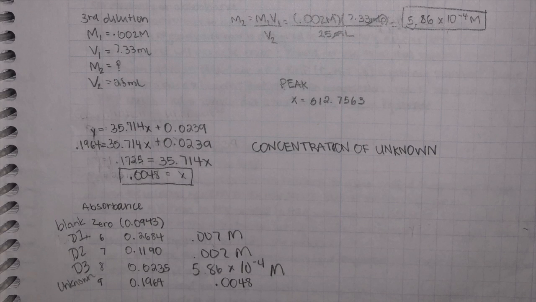A calibration curve of our values was graphed on Excel, and determined the equation that will help us determine our unknown concentration is y equals 35.714x plus 0.0239. We plugged in the absorbance value for the unknown, 0.1964 for y, and solved for x, revealing the concentration of the unknown to be 0.0048 moles per liter.